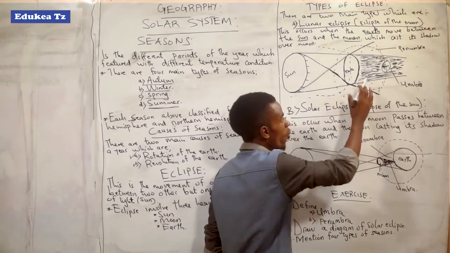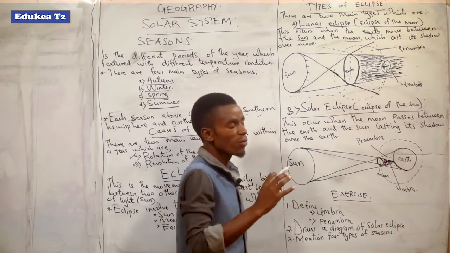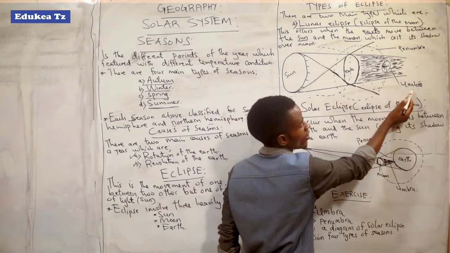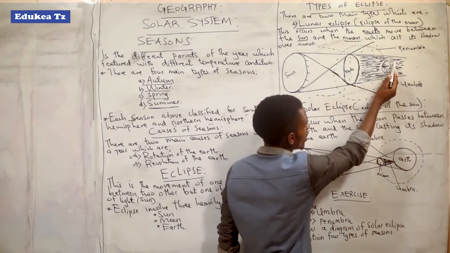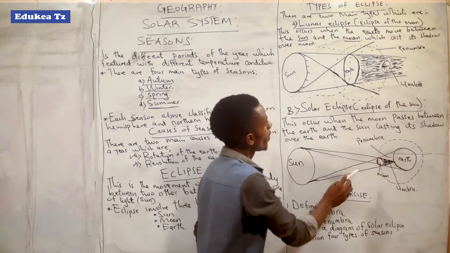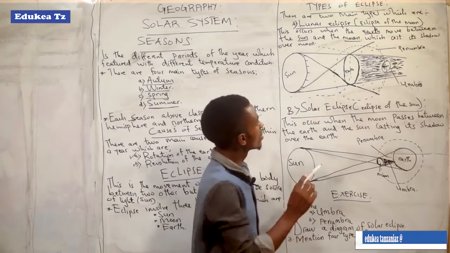The area where the shadow fully obscures, that area we call umbra. So that is all about umbra. This area where there is a total shadow is called umbra.